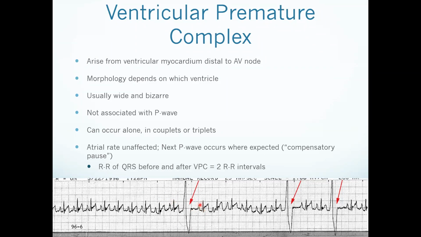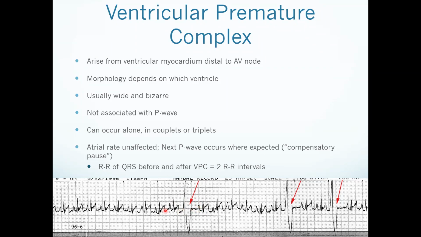So essentially, the next QRS occurs when we expect it to occur because the atrial rate has been unaffected. All of this has been happening in the ventricles, and the atria are insulated from what's happening in the ventricles because of the AV valves. They're very fibrous, and so it doesn't reset the SA node.